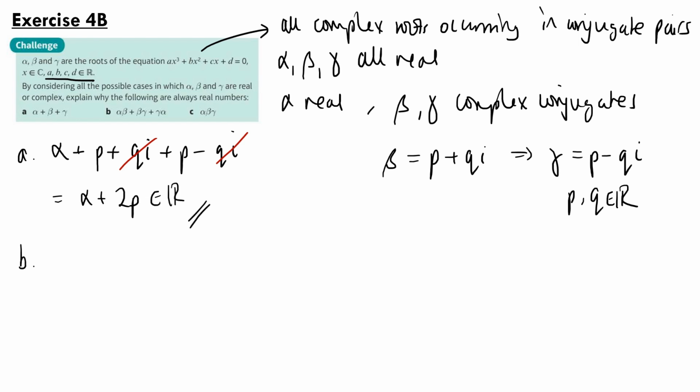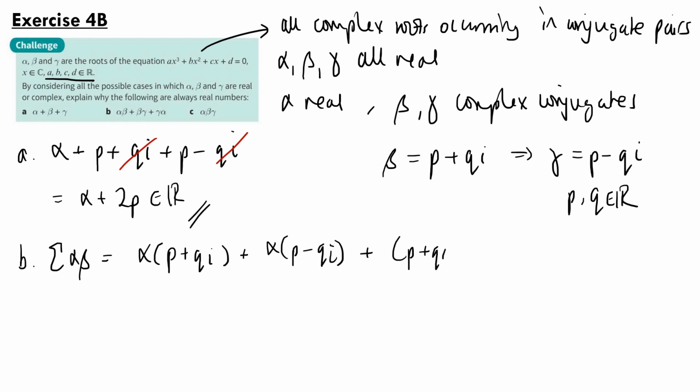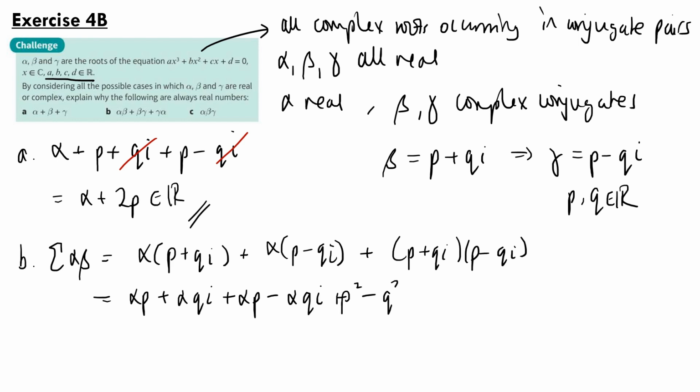Then for the sum of the alpha betas, we're going to have alpha times beta, which is p plus qi, plus alpha times gamma, which is p minus qi, plus beta times gamma, which is p plus qi times p minus qi. Now if we expand these brackets, we're going to have alpha p plus alpha qi plus alpha p minus alpha qi plus p squared minus q squared i squared, because it's a difference of 2 squares.